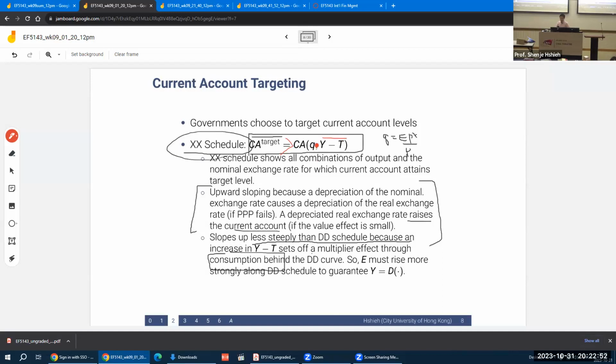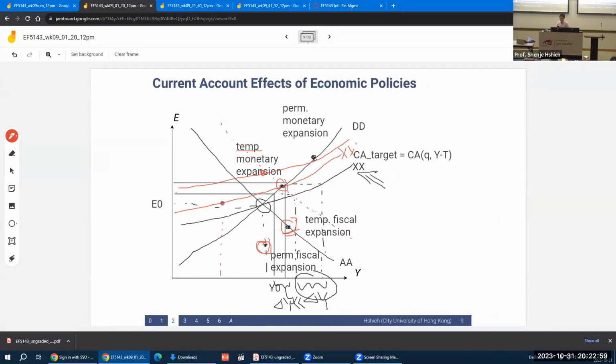You're fixing Y, so E has to be higher. So then this XX curve shifts up. That's how you shift the XX curve. You don't have to fix Y, you can fix E and do the same analysis. So when I say XX curve shifting up and down, left and right, it depends which variable you're holding constant, but it's the same idea.